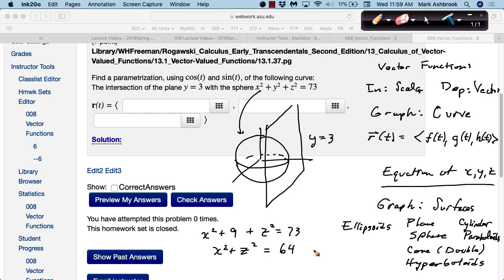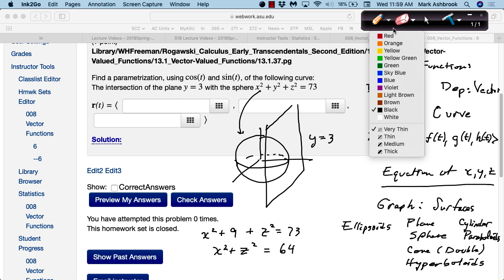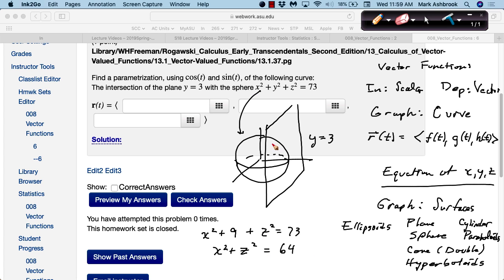That's a circle of radius 8. It's the circle that you get when you slice down vertically at y equals 3, in the plane y equals 3.